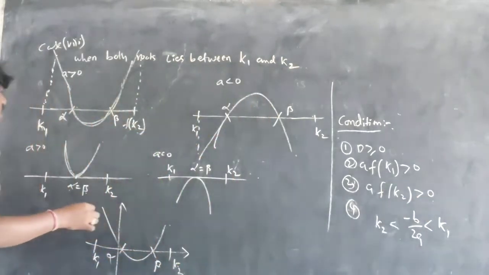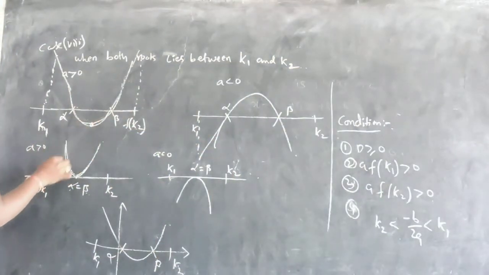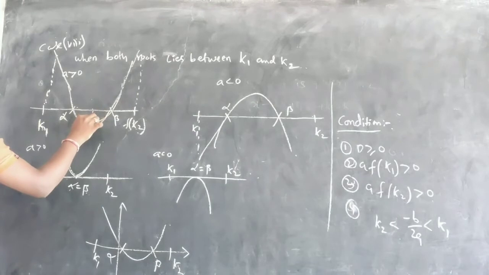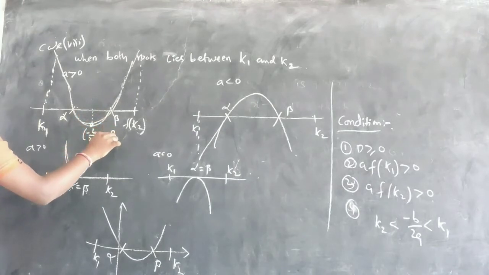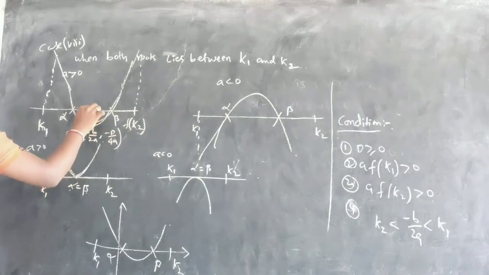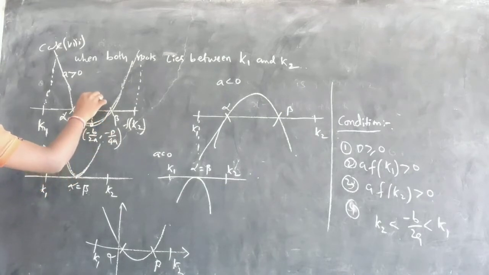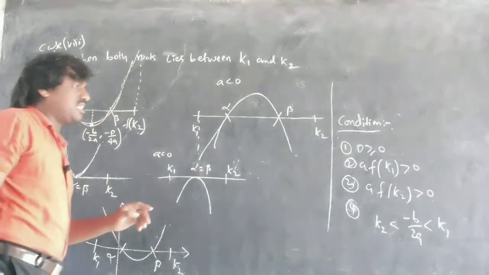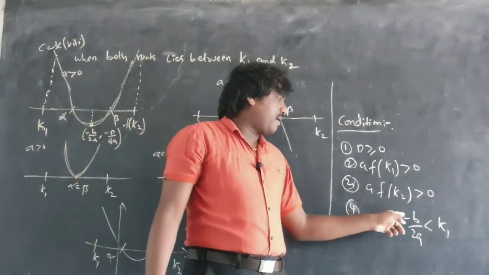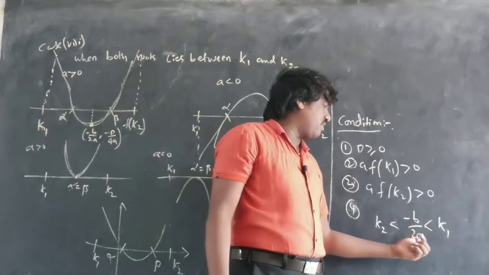And just see the vertex of the parabola. The x value of the vertex will be minus b by 2a, comma, minus D by 4a. This x value lies between k1 and k2. So the necessary and sufficient condition is that minus b by 2a lies between k1 and k2.